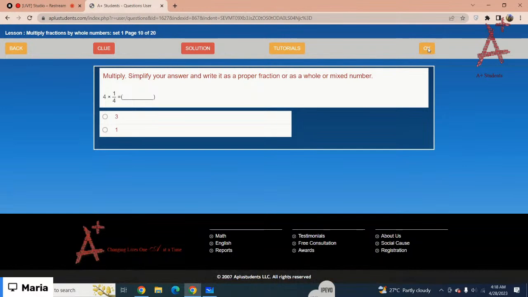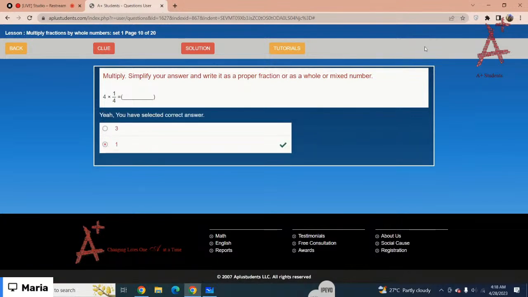Okay, 4 times 1 over 4. So which is the correct option? Yes, you're left with just 1. 4 is cancelled out and you're left with just 1.